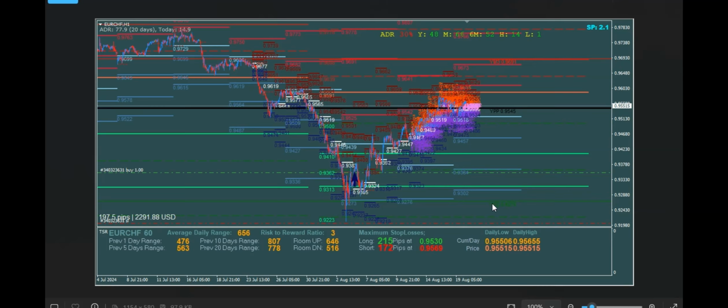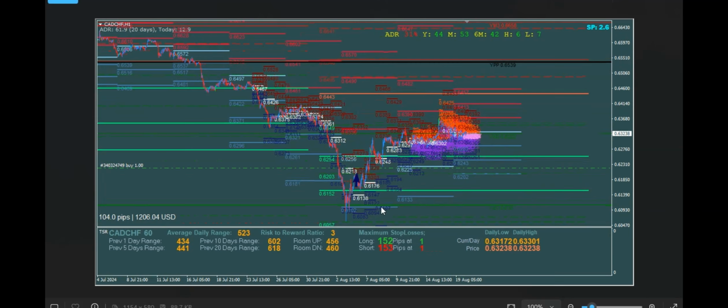And all of this is happening at the yearly M2, which is a yearly midpoint pivot, and the monthly midpoint pivot, which is the monthly M0. Okay. And then we get that rise. And the same thing happened here.